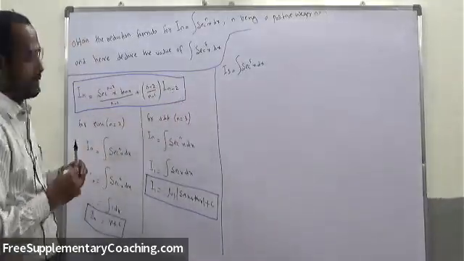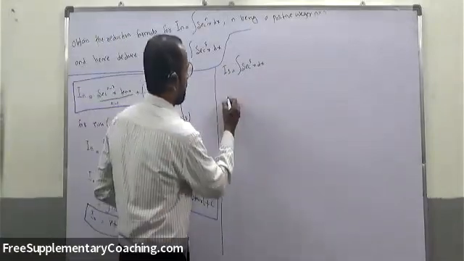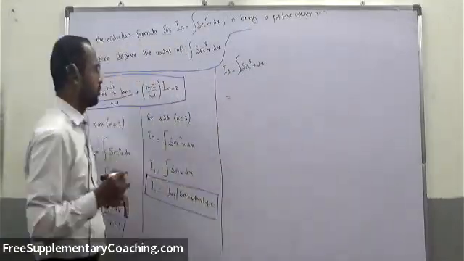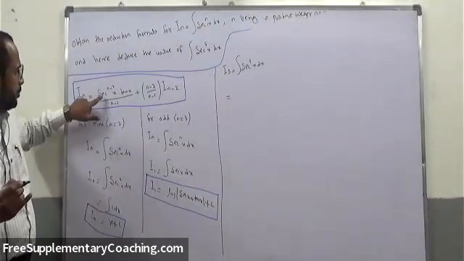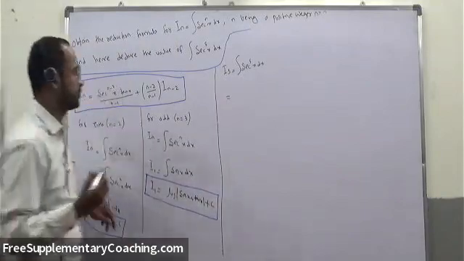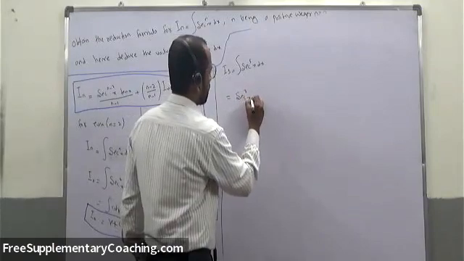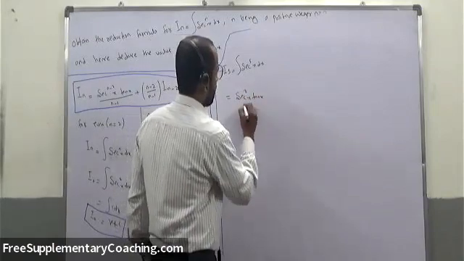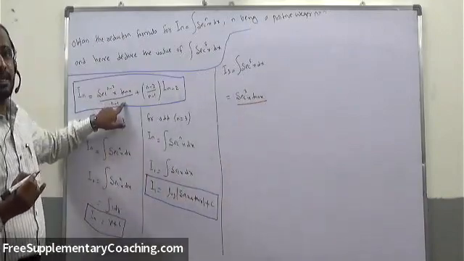So look at here, observe. I5, I can write, is equal to, the value of n is 5, secant power 5 minus 2 is 3x. So it is secant cube x into tan x divided by n minus 1. 5 minus 1 is 4.